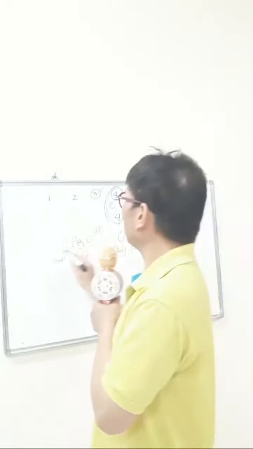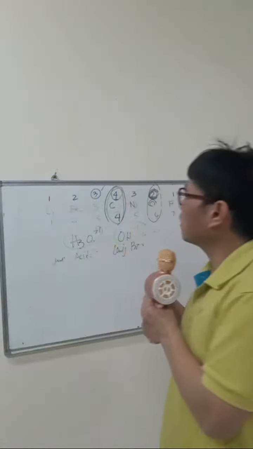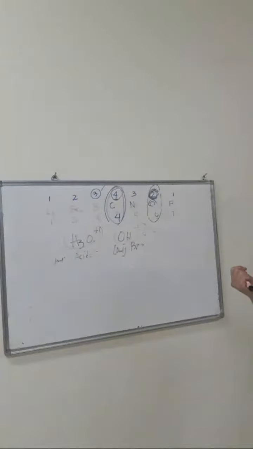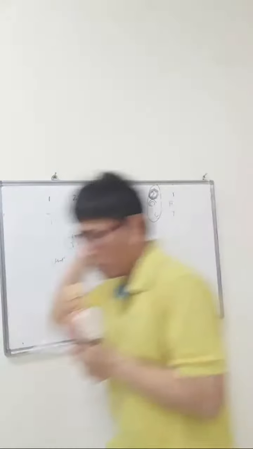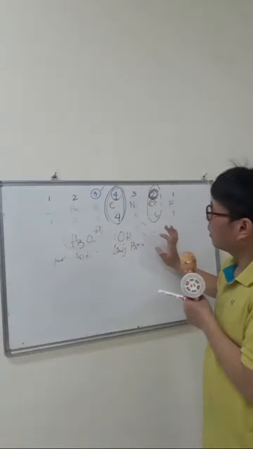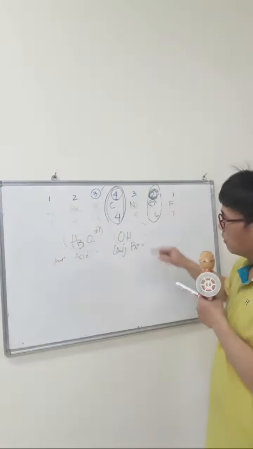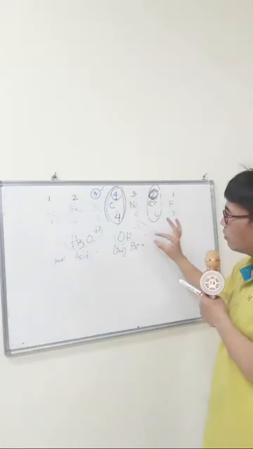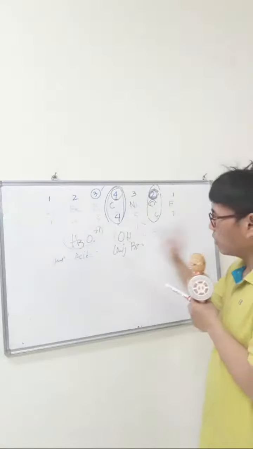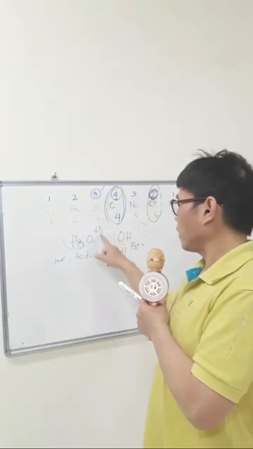This will accept electrons, and this one will donate electrons. That's why it becomes negative, because it donates 1 electron. This one accepts 1 electron, so it's plus.